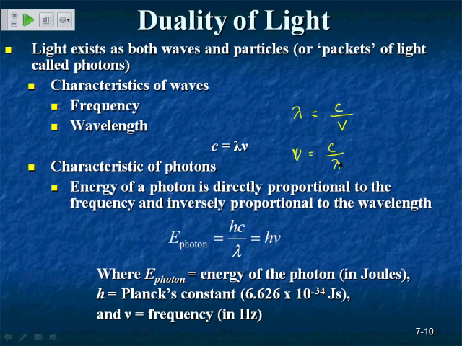Okay, whichever way you want. If you know this equation, and speed of light is a constant. So the advantage of this equation is, if you know one property, either wavelength or frequency, you can calculate the other, because speed of light is 3 into 10 to the power 8 meters per second, which is a constant.